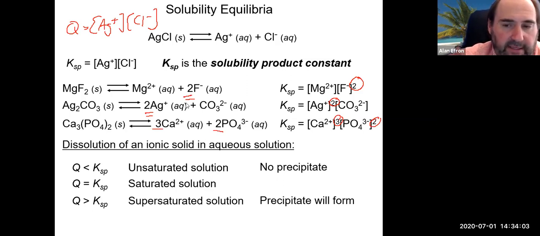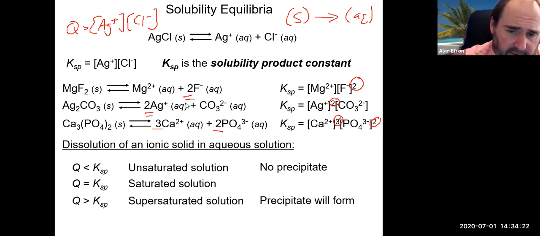If we calculate Q and it is less than the Ksp, we will have an unsaturated solution. A reminder that these reactions are written with solid on the left-hand side, aqueous ions on the right-hand side. So going opposite the way the arrow is pointing, if Q is less than the Ksp, we're going in this direction, and we would expect aqueous ions being formed.